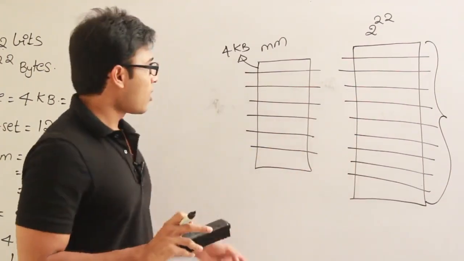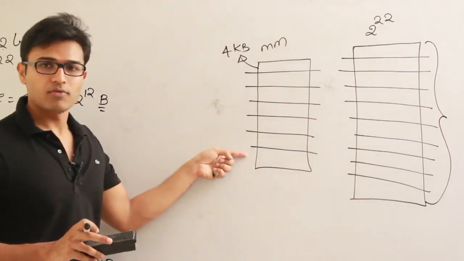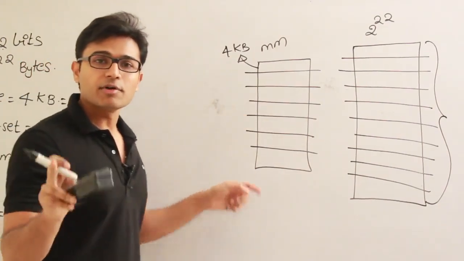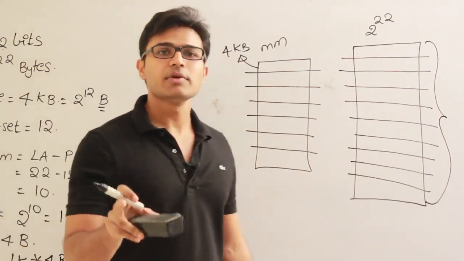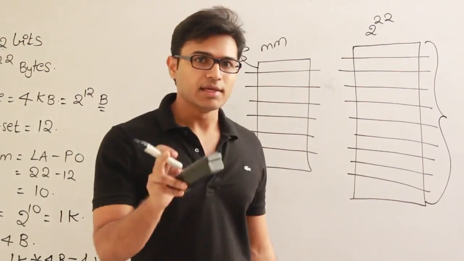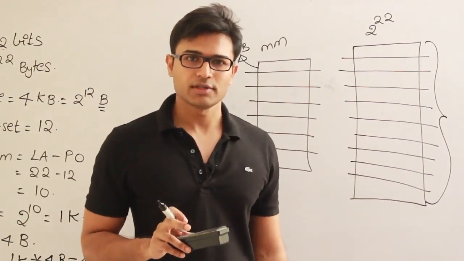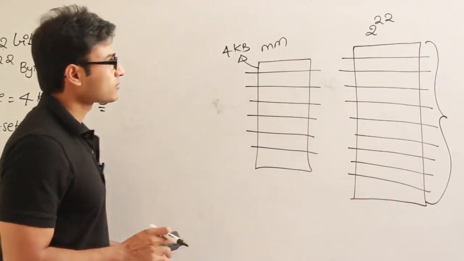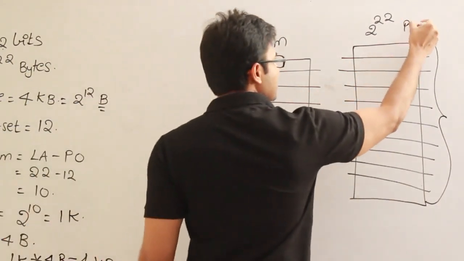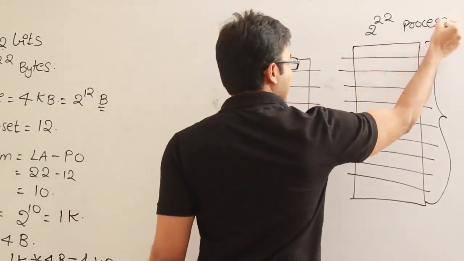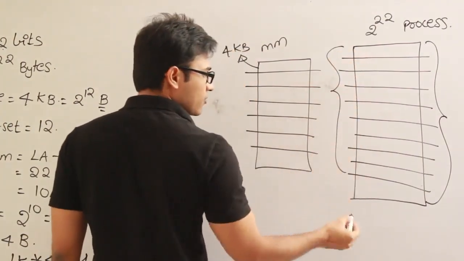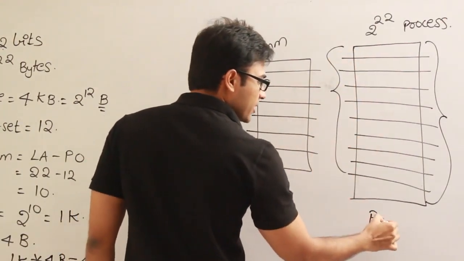Already main memory is divided into frames, and therefore your page table should also be divided into pages in case it is too big to fit in one frame. Are you following this? Okay, see this. Now this is the process, and it contains these many pages. Therefore for this process there will be a page table.